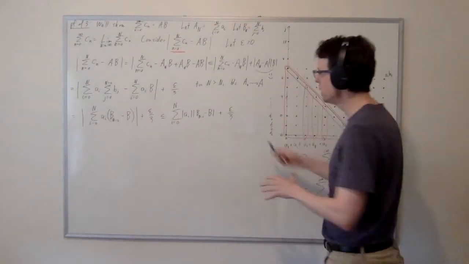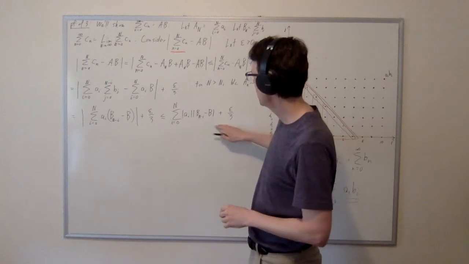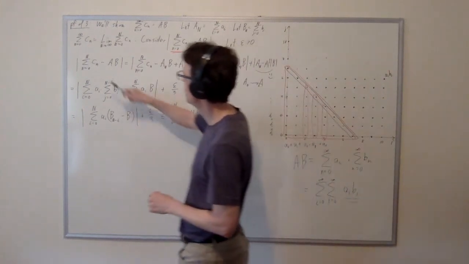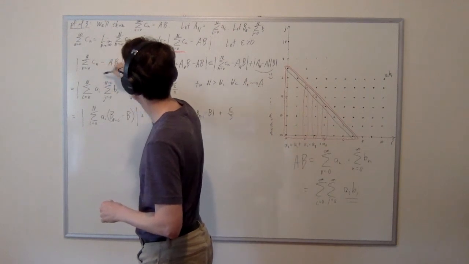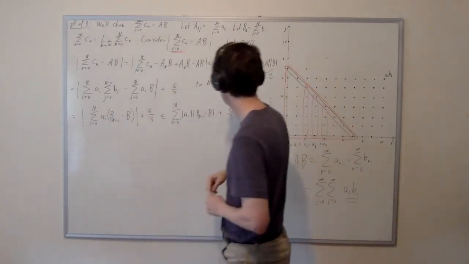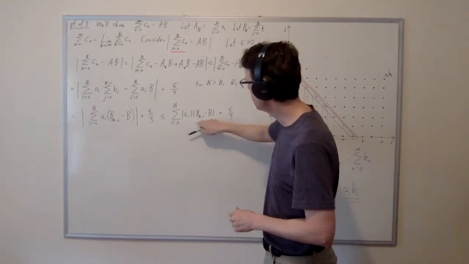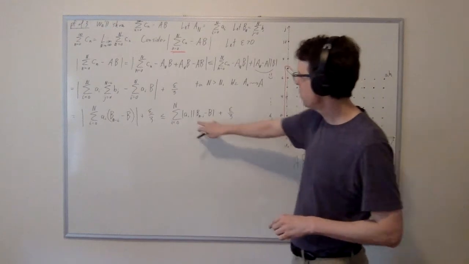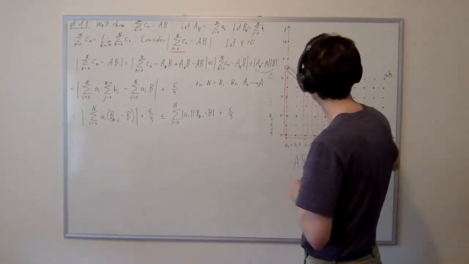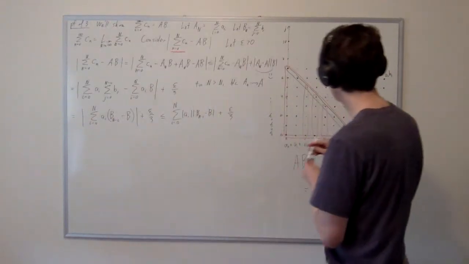What does this really represent? Basically, this is the error in the estimation of the summation of the c_n's from n equals 0 to n compared to the product AB. Each of these represents an a_i times the difference between B_(n minus i) and B, which basically represents the complement of these red columns.